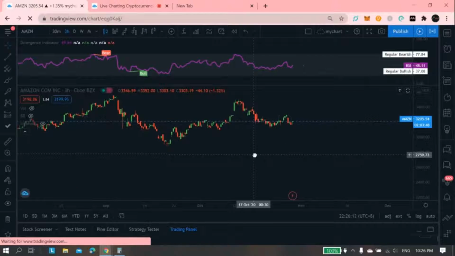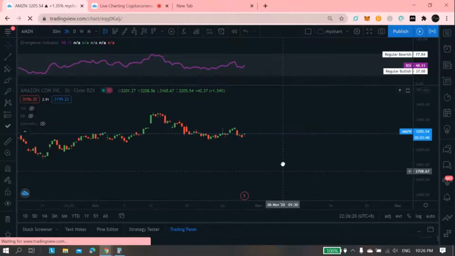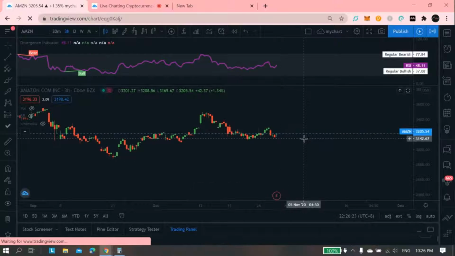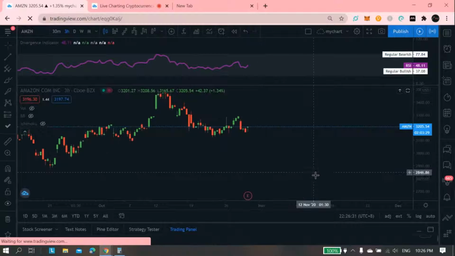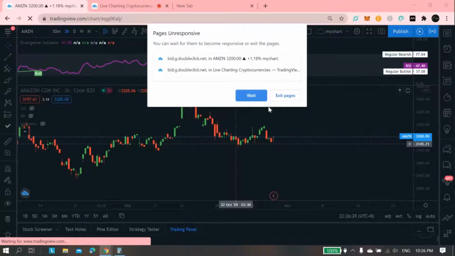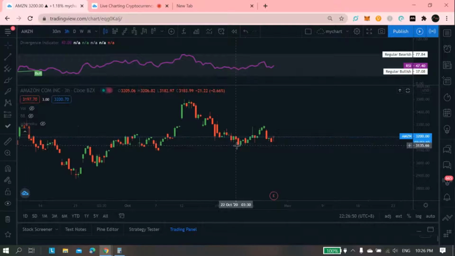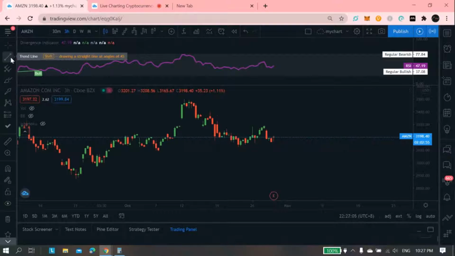We might see a possible trend. For me it seems like it's forming, this is the support area, 3,138 support or cut loss area, because currently it's doing around 3,198.